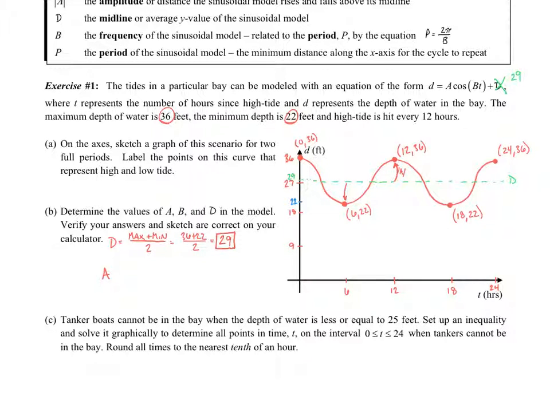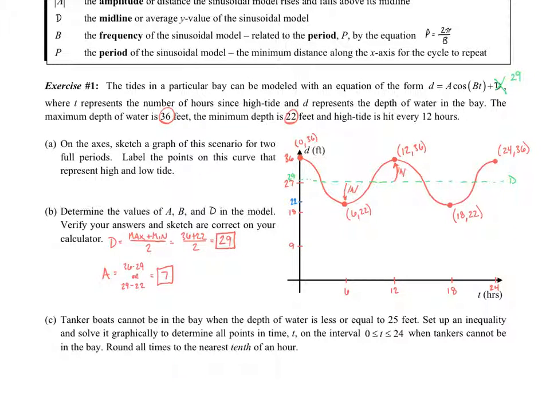Remember, it's absolute value, so it's the absolute value of that space there. So to find A, I could go one of two ways. I could take my maximum value and subtract my midline, or I could take my midline and subtract my minimum value, but they both should give me the same exact answer, because if I found the appropriate midline, then those two values should be the same.